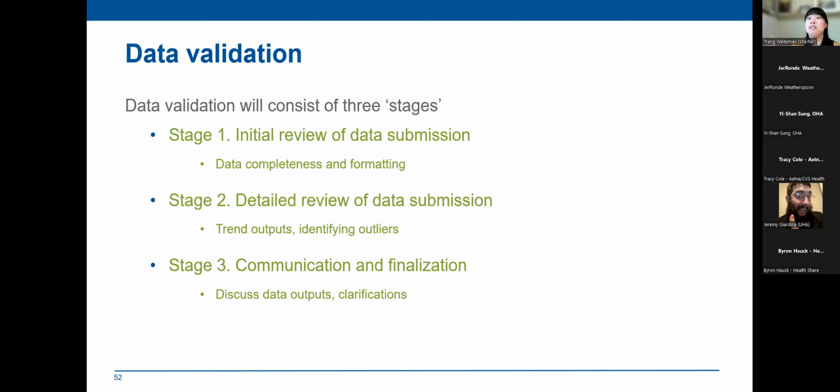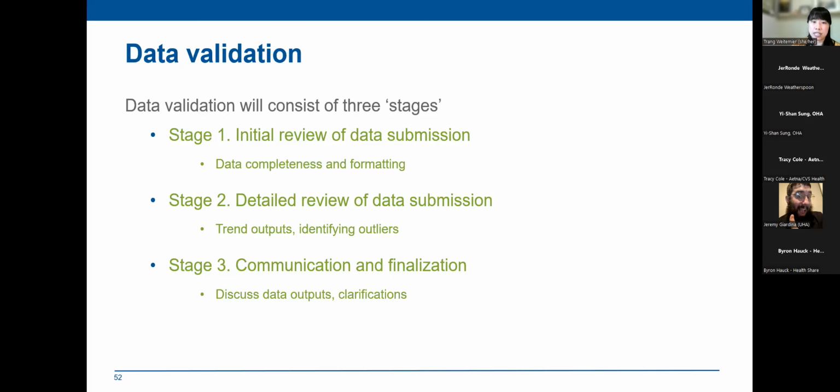And speaking of stage 3, it is our last validation stage. This is our communication and finalization stage. We have a sit down with you, we discuss the outputs, we resolve any questions we may have or you may have with how we are viewing the data. We finalize the data and say, consider it good to go for statewide analysis.